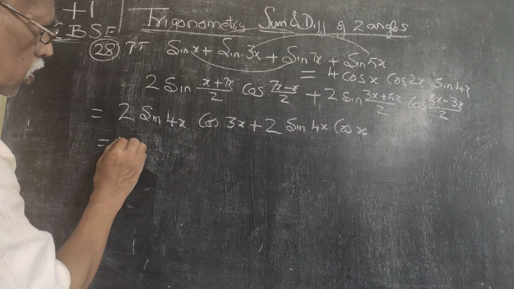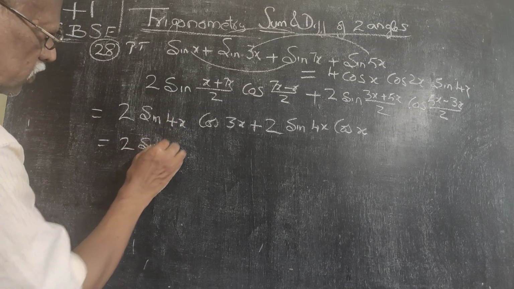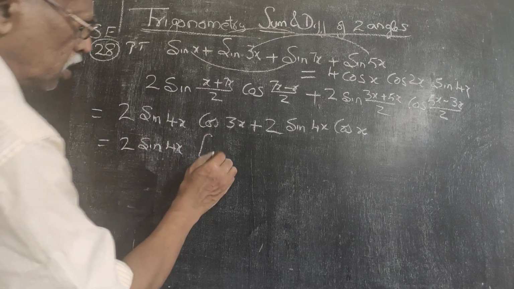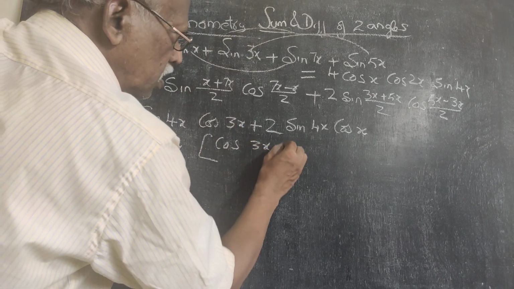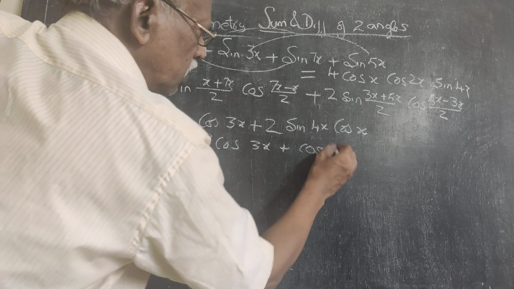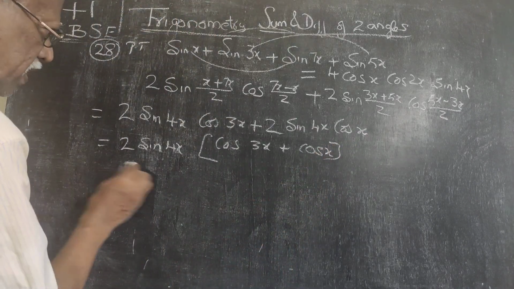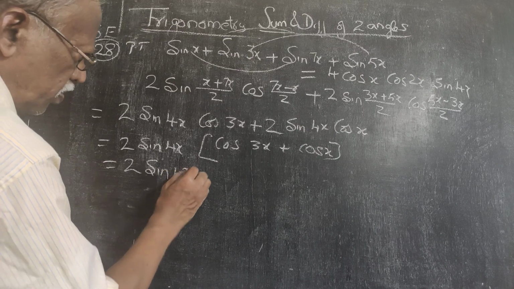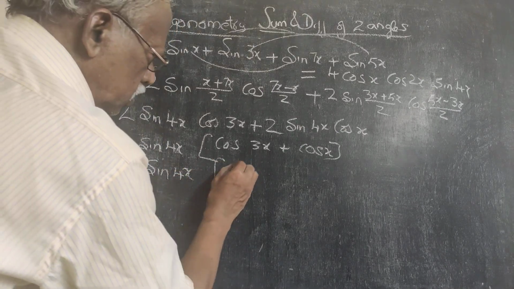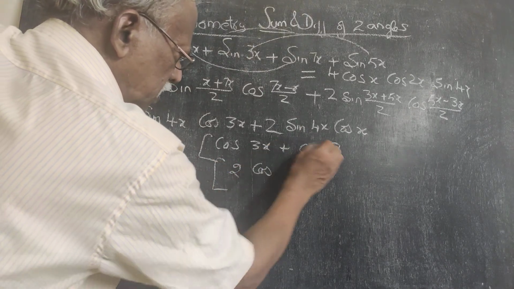Now taking 2 sin 4x as common factor, I am getting cos 3x plus cos x. Cos x plus cos y equals 2 cos ((x plus y) by 2) cos ((x minus y) by 2).